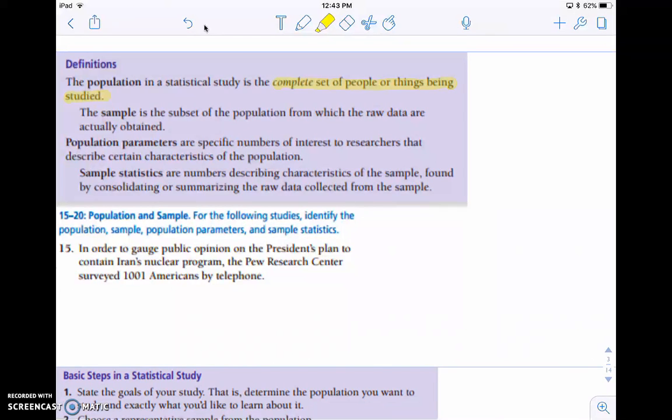Now, the sample, when you hear sample, that is a subset of the population from which the raw data are actually being obtained. So if we're talking about the number of Americans in a study, okay, the sample is going to be just a portion of people within America. One person kind of demonstrated it to me like this. If this whole thing is your population, then you could take a sample and you're just getting a little piece of the puzzle. You could have another sample over here. Samples can vary in size.